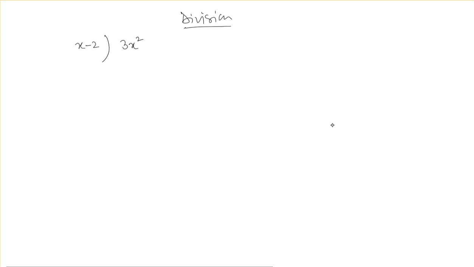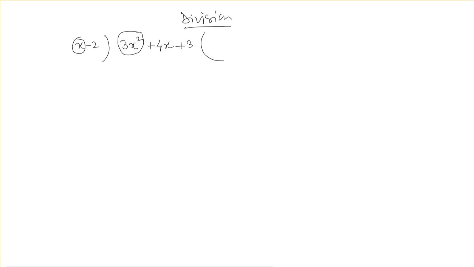3x square plus 4x plus 3. Okay, x minus 2 divides this 3x squared plus 4x plus 3. You have to focus on this and this.